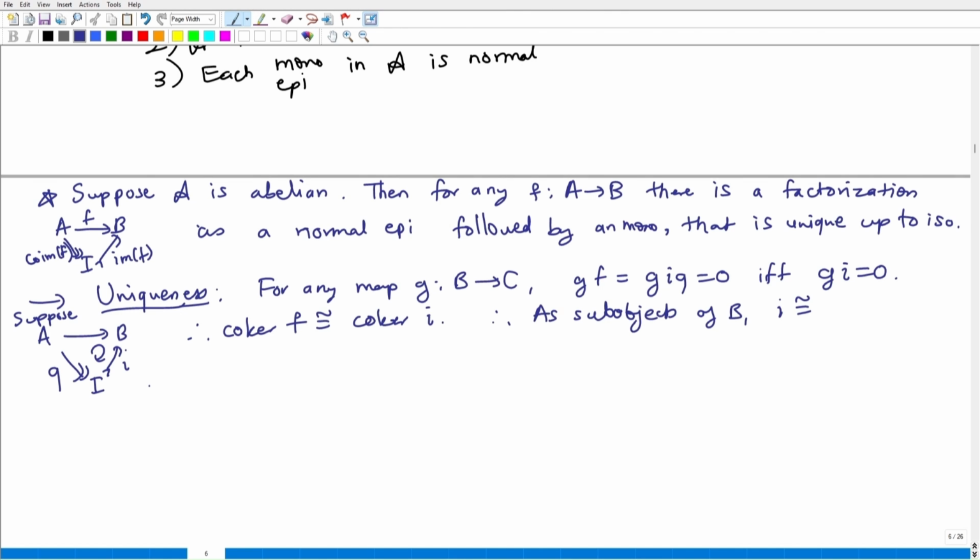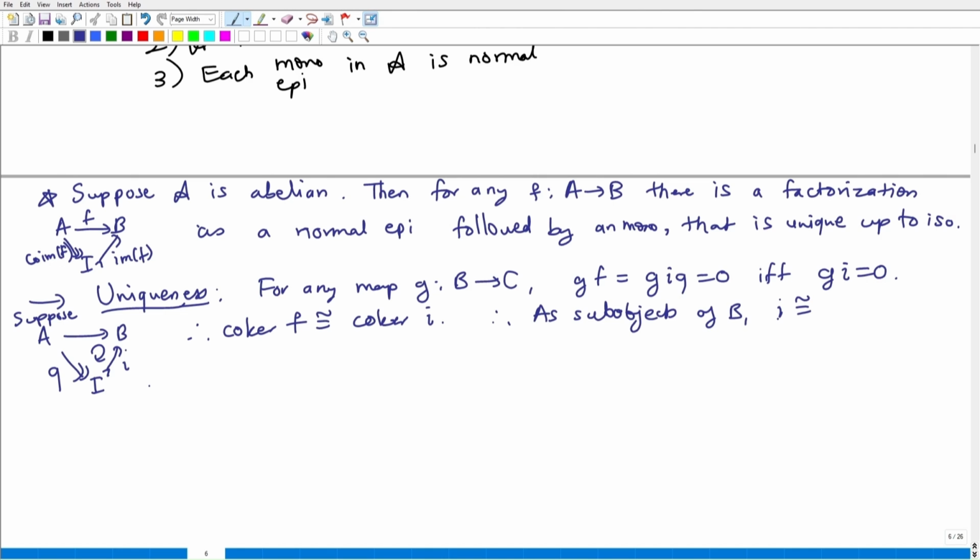Then for any map G, GF is equal to 0 if and only if GI is equal to 0, and therefore the co-kernel of F is isomorphic to the co-kernel of I, because they are going to become 0 exactly at the same time.